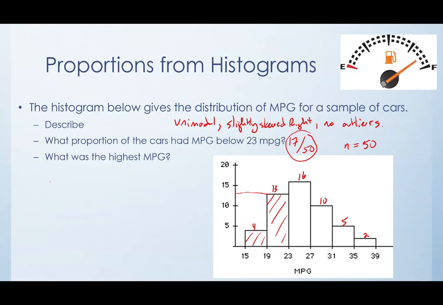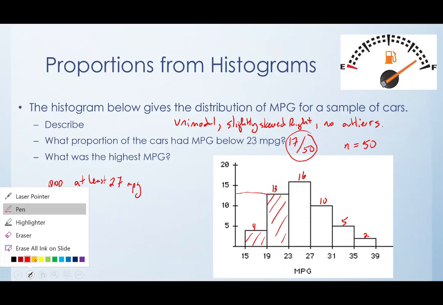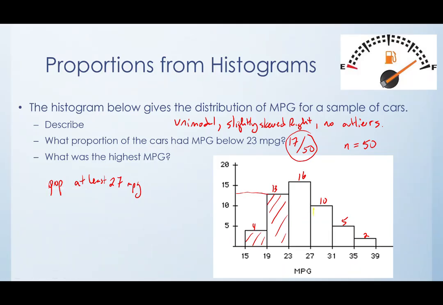Let's do a different one: the proportion that had at least, because the left endpoint is included, at least 27 miles per gallon. That would be here, 27 and up. So 10 plus 7, that one's also 17 over 50. I didn't intend for that to happen.